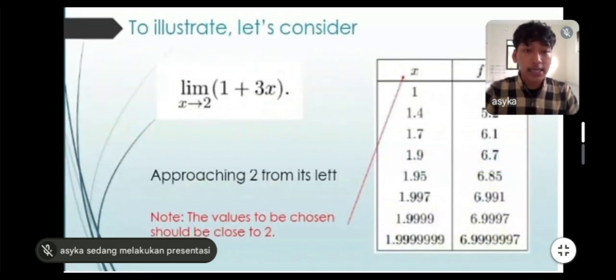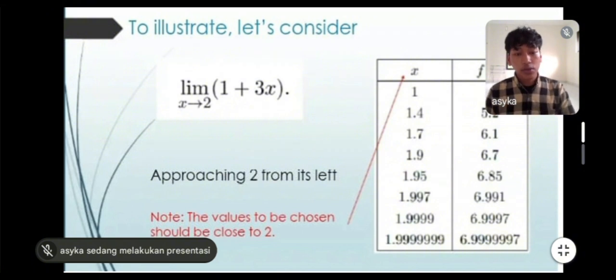To illustrate, let's consider the limit as x approaches 2 of 1 plus triple x, with x approaching 2 from its left. The values to be chosen should be close to 2.